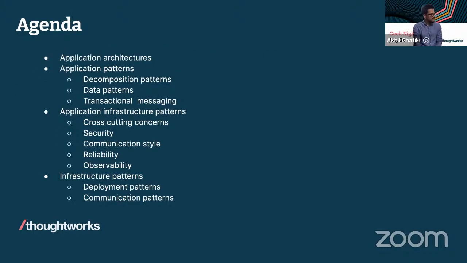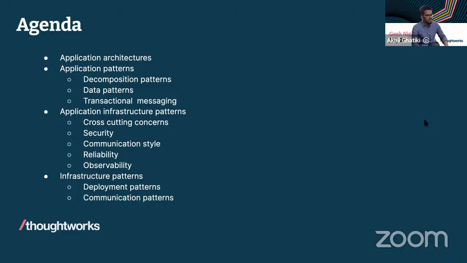So here is the brief agenda that we are going to discuss today. We are going to start with application architectures and then the application patterns. We are going to see what are the different patterns that fall under application patterns and application infrastructure patterns, and then we are going to discuss a few infrastructure patterns.